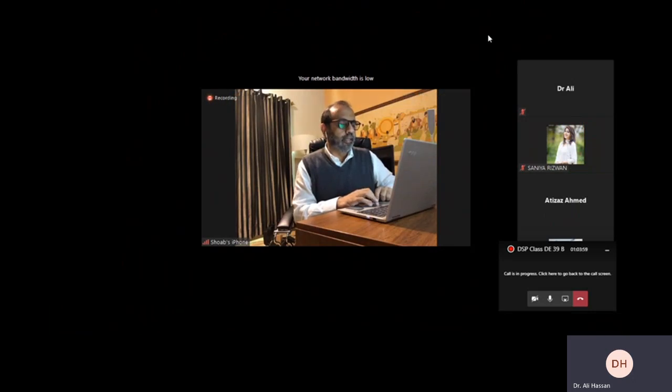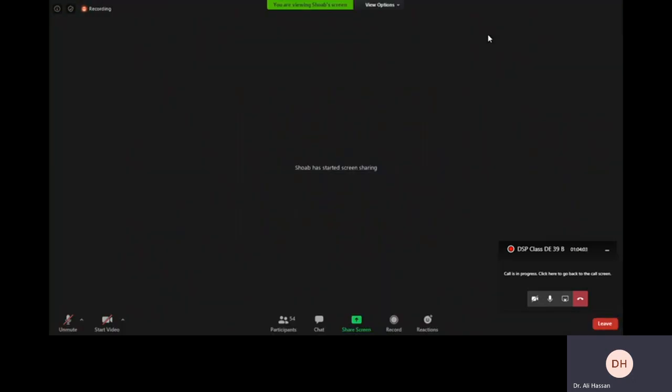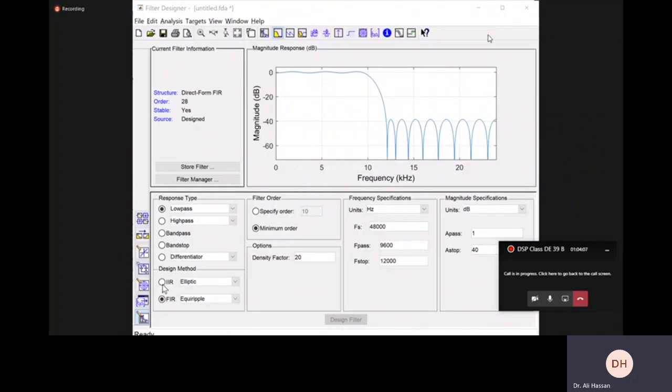Here is the MATLAB toolbox. Now I ask MATLAB to use IIR specs. I'm not changing the specs of the system. The specs are the same, and I ask it to design this for me. Very nice filter. It has designed it. Sorry, I want this to be 80 dB down. 80 dB down.